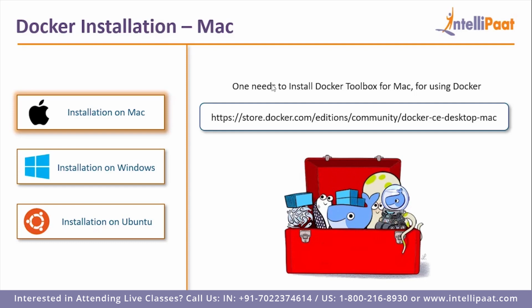Just go to this particular link, download the Docker software, and once you have it, come back to this CLI and pass the command docker version, and if you get the reply as the version of the Docker which is running on your system, your software is successfully installed, right? So this is the installation for Mac.